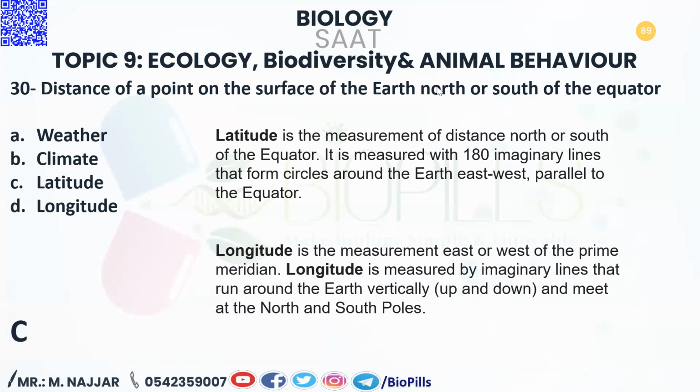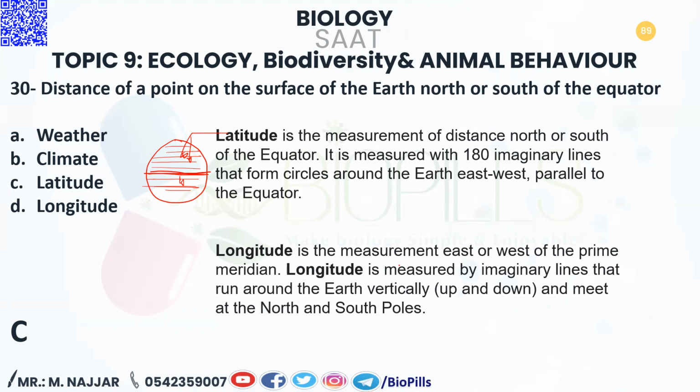It's measured by imaginary lines that form circles around the earth, east to west, parallel to the equator. Here is the equator that divides the planet Earth, then we have lines going up and lines going down. Those are the latitudes, measuring distance away from the equator.